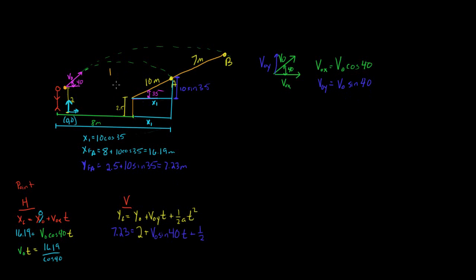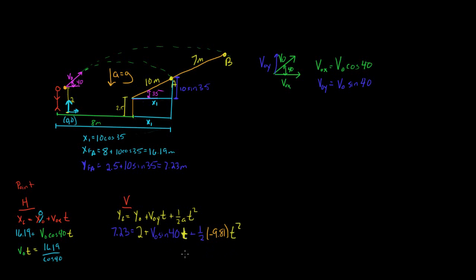We have an acceleration coming down, that's gravity, and we know gravity in SI units is minus 9.81 meters per second squared. And again, we're going to have some t value, and this is going to be t squared.